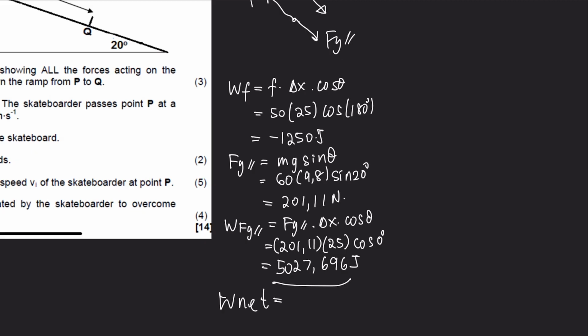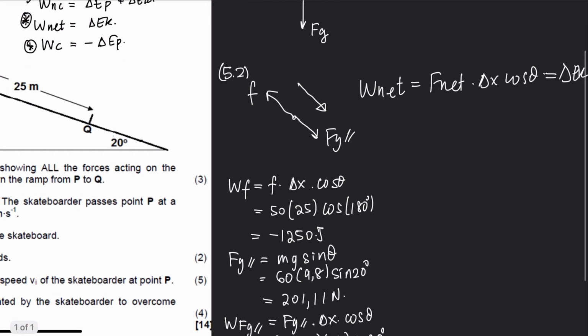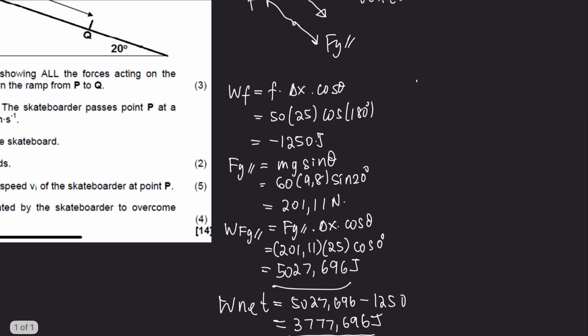So W net is going to equal 5027,696 minus 1250, and that's equal to 3777,696 joules. So that's our W net, and it's equal to delta EK. So we can go to our formula and say W net equals delta EK.